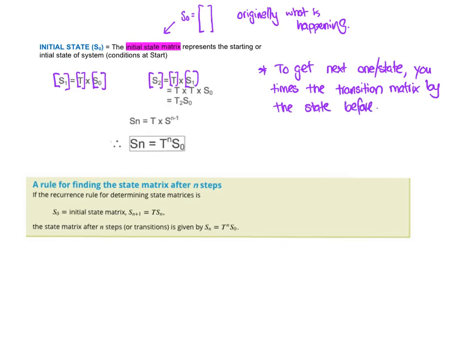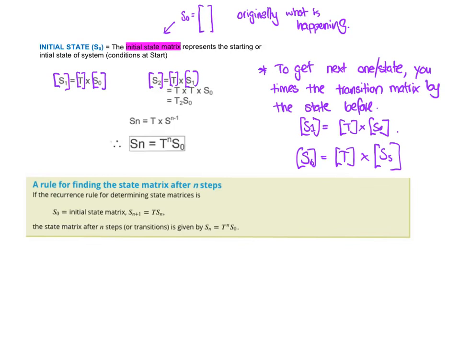So what we saw to get S1, that would be the next state, we did the transition times S0, which is the one before. So if I, for example, wanted to find S6, I might have used the transition times S5, the one before that, okay, if they gave it.